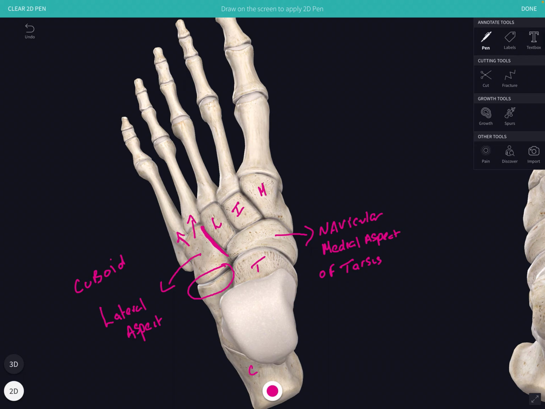The lateral surface is concave and has an articular facet, and this articular facet articulates with the intermediate cuneiform bone. So we've got an articular facet along the lateral aspect of the medial cuneiform bone, and that's going to articulate with the intermediate cuneiform bone.